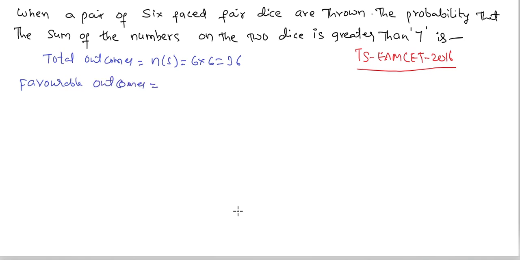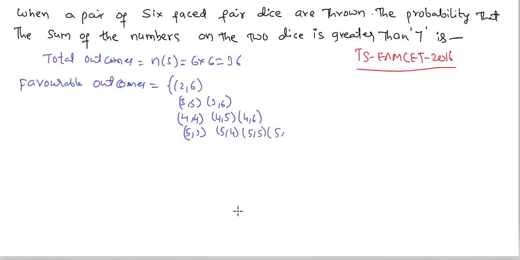Favorable outcomes, that is sum greater than 7. Write down all the values: 2 comma 6, 3 comma 5, 3 comma 6, 4 comma 4, 4 comma 5, 4 comma 6, 5 comma 3, 5 comma 4, 5 comma 5, 5 comma 6, 6 comma 2, 6 comma 3, 6 comma 4, 6 comma 5, 6 comma 6.